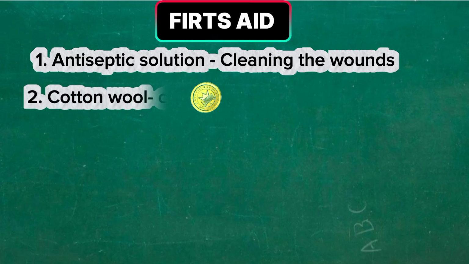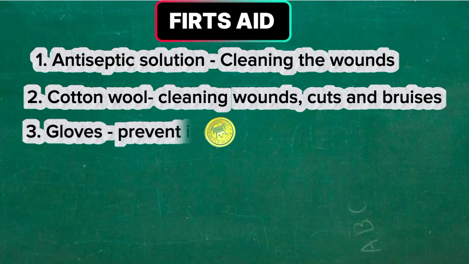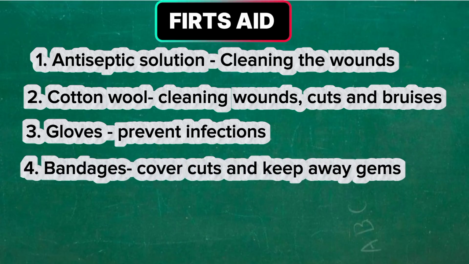Cotton wool is also found in the first aid kit. This is used to clean wounds, cuts, and bruises. Gloves are worn on the hands by the person giving first aid to prevent infections from the victim's blood. Bandages are used to cover cuts or wounds to keep away germs.